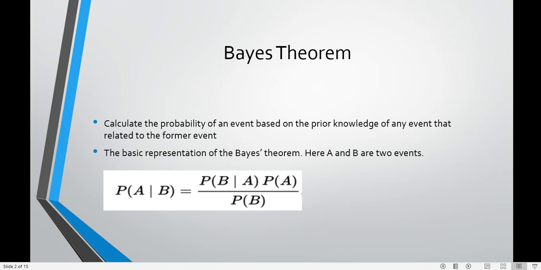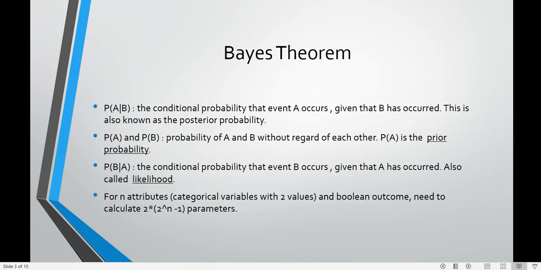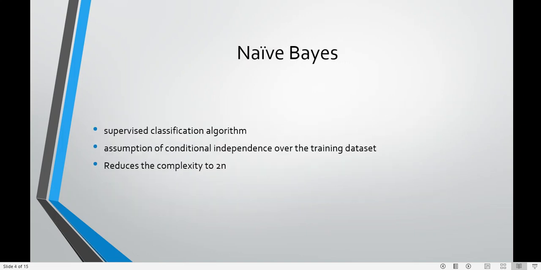When we implement the naive-Bayes algorithm, you can assume that B is some feature value and A is the target value. Our purpose is that, given a set of feature values, I want to predict the target value.